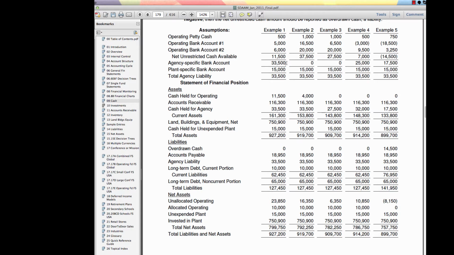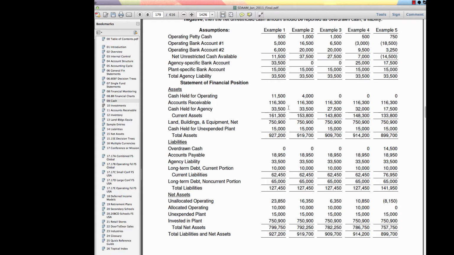In this case, we have an agency specific bank account of $33,500, and the agency liability is $33,500. And so the display in the financial statements of current assets would put $11,500, the amount in the regular bank accounts, in cash, and then they would show cash held for agency of 33,500.